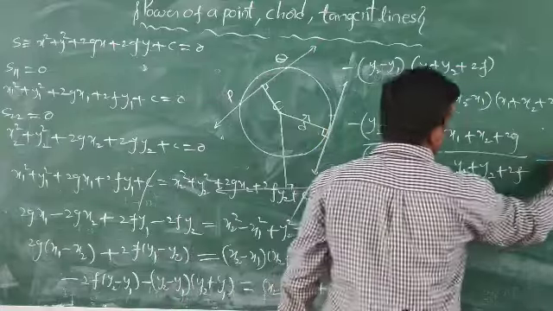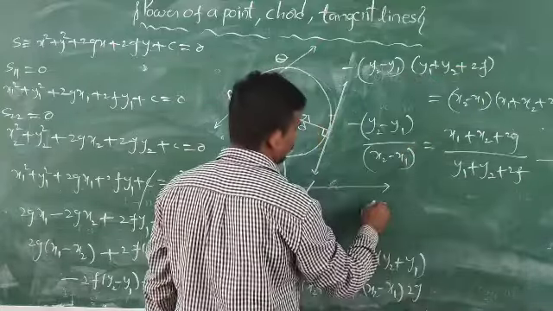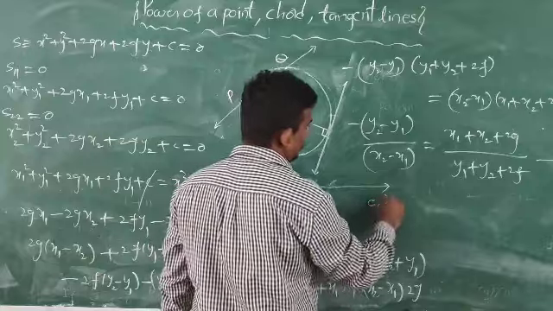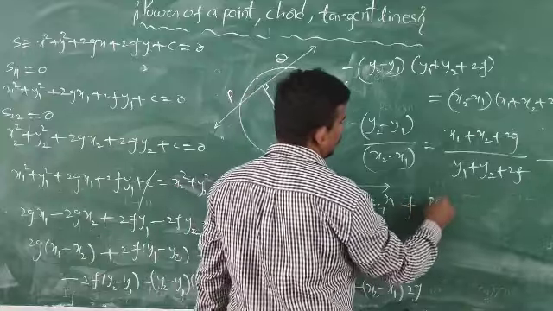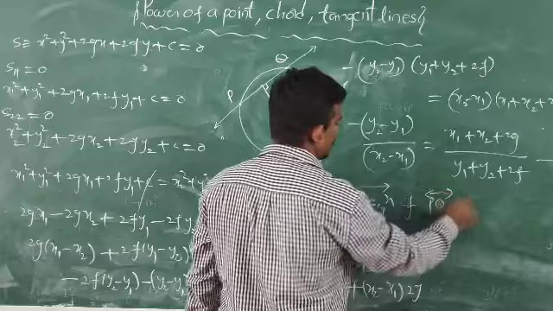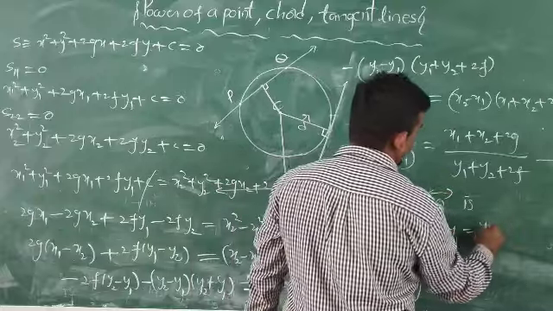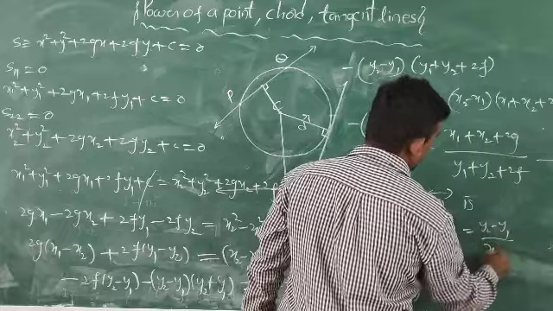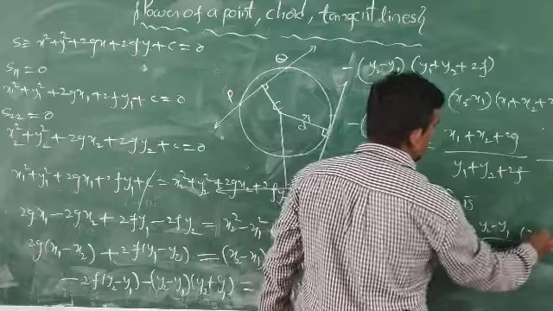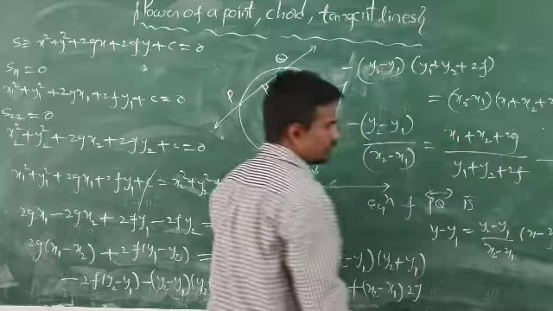Leave it as equation 1. Now the equation of PQ bar is y minus y1 equal to y2 minus y1 by x2 minus x1 of x minus x1.